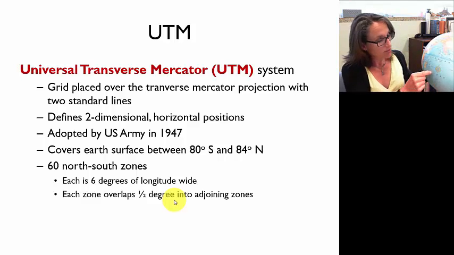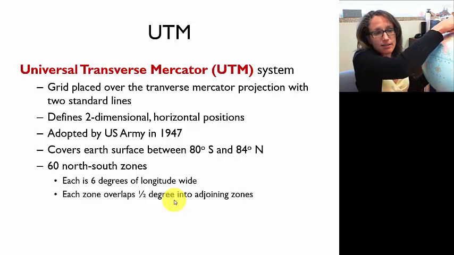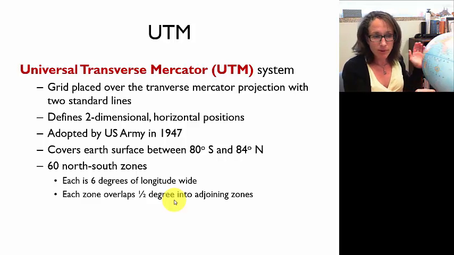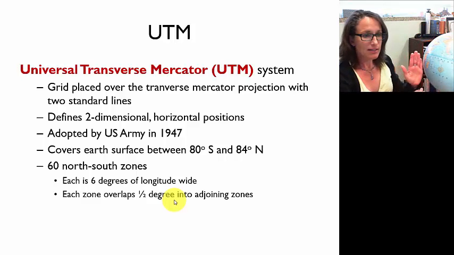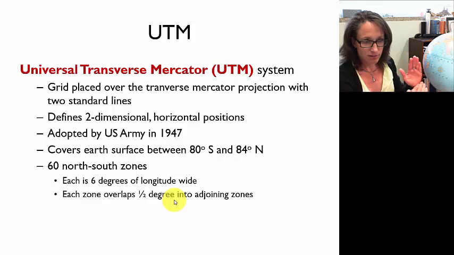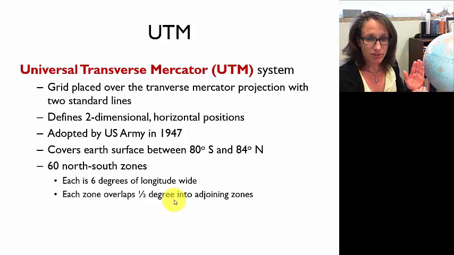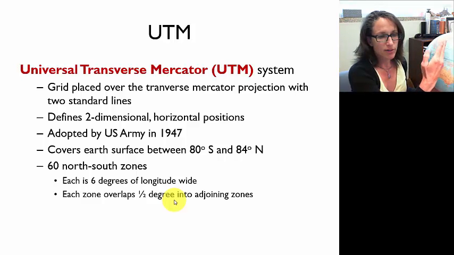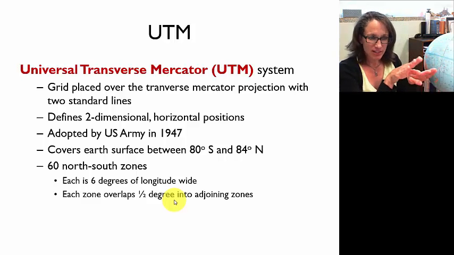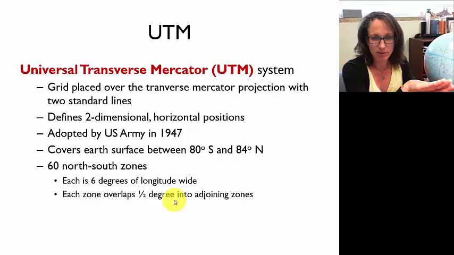So we use the transverse Mercator projection to project a little skinny strip of the globe, and they put a grid on the northern half of the strip and a different grid, different coordinates, on the southern half of the strip. So we have 60 of these north-south running strips around the globe. Each strip overlaps the next strip by a half a degree.